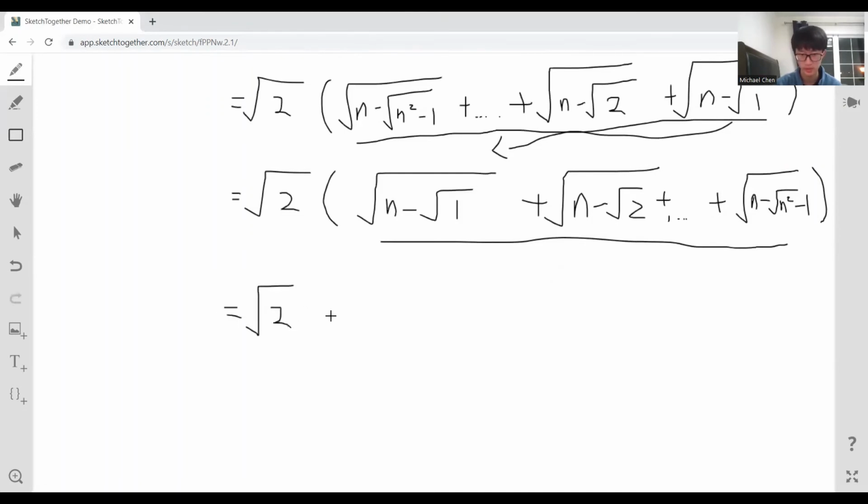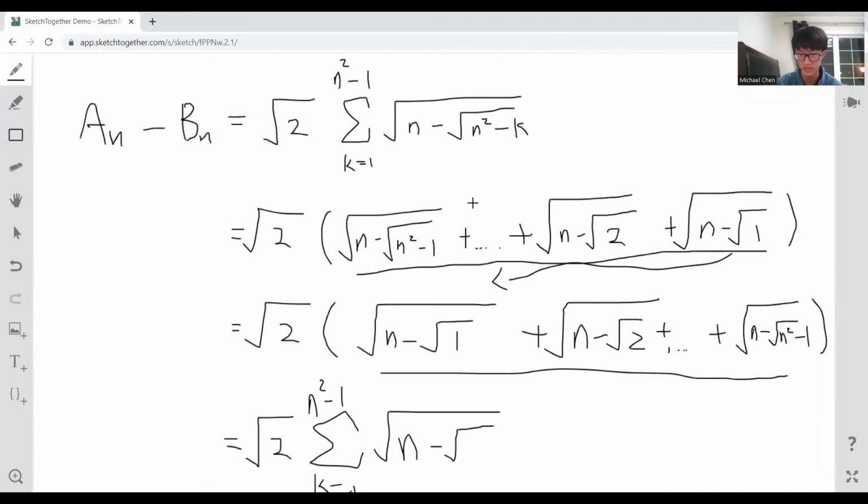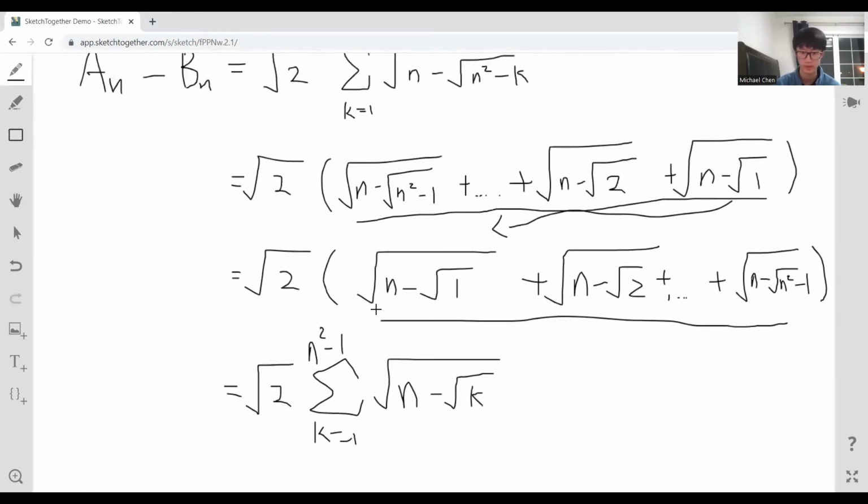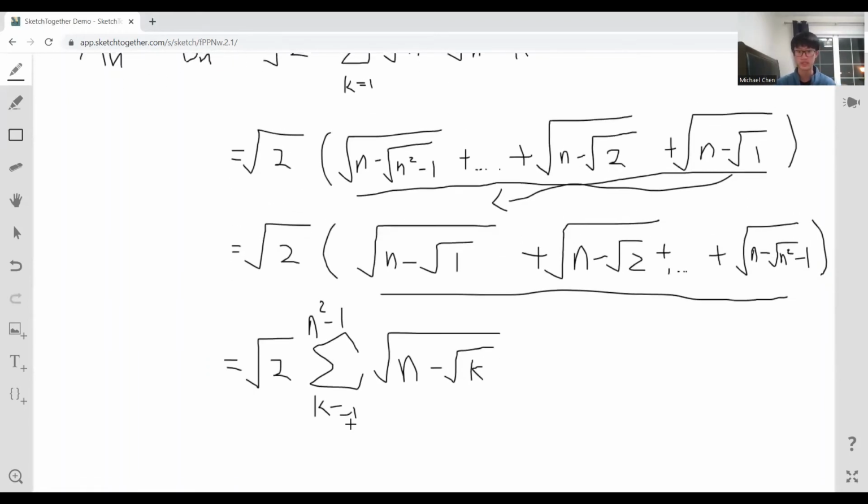But then we can write this in sigma notation as sigma k equals 1 to n squared minus 1 of square root of n minus square root of k, because instead of n squared minus k, we can replace this with k. And now you realize that this expression is simply b_n, as we defined earlier.